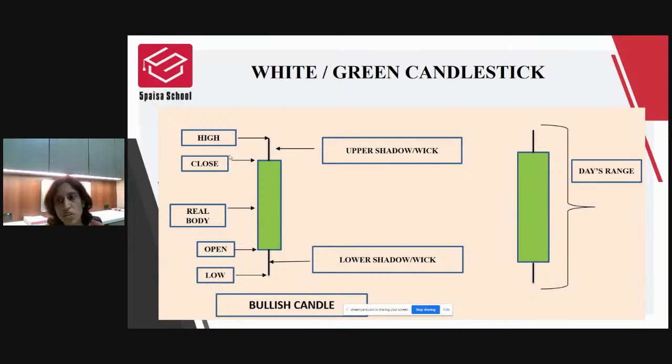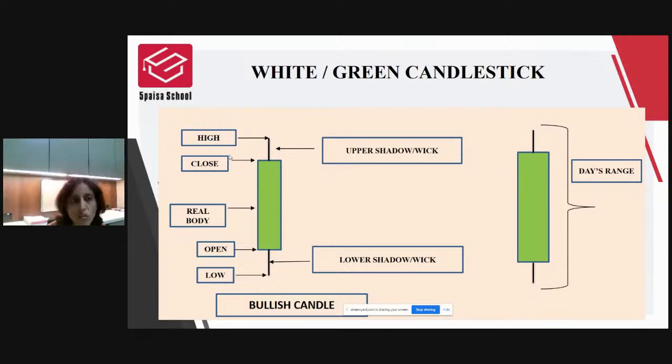Now, we refer to this white, or the green, candlestick chart. We understand the candle as to what are the various parts which have to be looked at to come to a particular conclusion as to what the market sentiments, the investor sentiments, are.